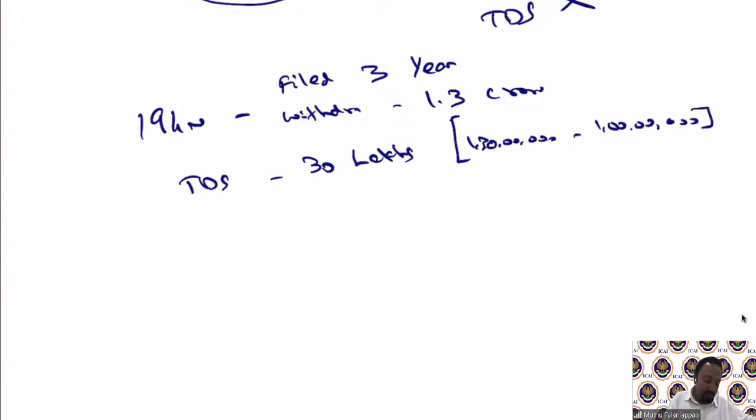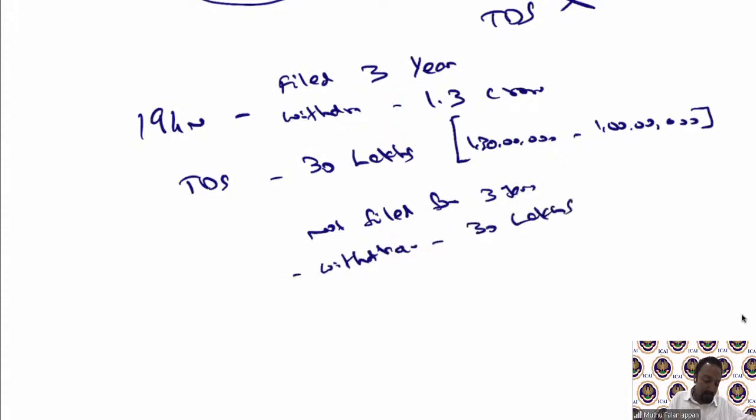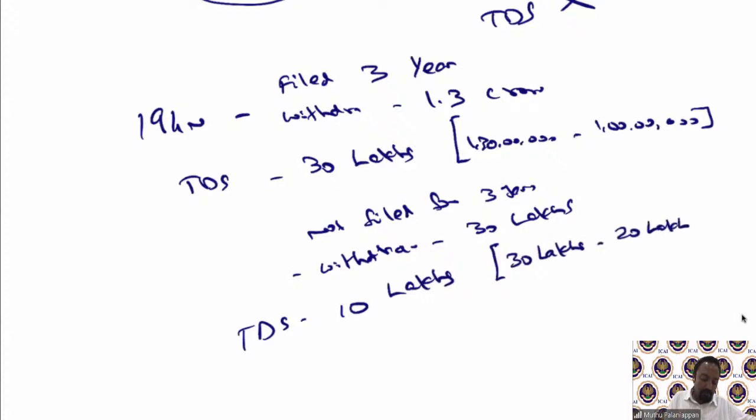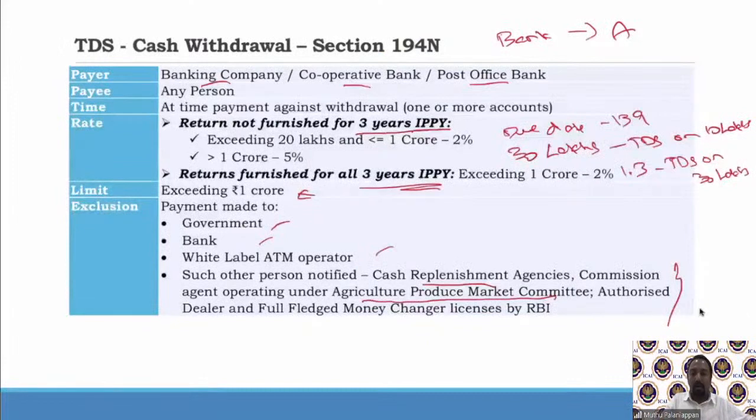If it is not filed for 3 years, then if you withdraw 30 lakhs, TDS will be on 10 lakhs. That is 30 lakhs minus 20 lakhs. That is the base limit. So for this, it will be at 2%. Here, up to 1 crore also it will be 2%. If it is crossing 1 crore in this category, then it becomes 5%. So that's the provision of 194N.